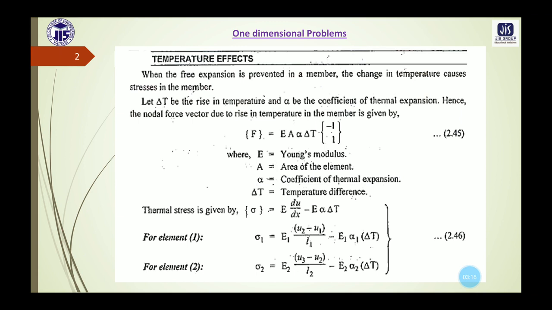So that means for element 1 we can write the formula of the thermal stress. This is equals to E1 (U2 minus U1) by L1 minus E1 alpha 1 delta T. And for element 2 you can write the thermal stress formula.